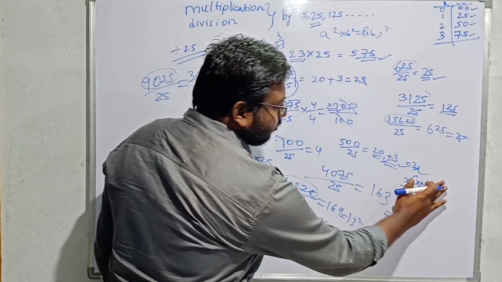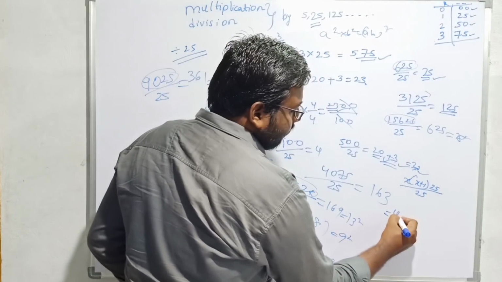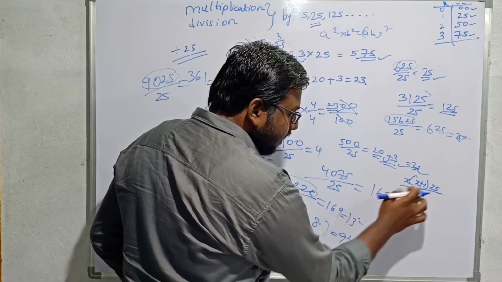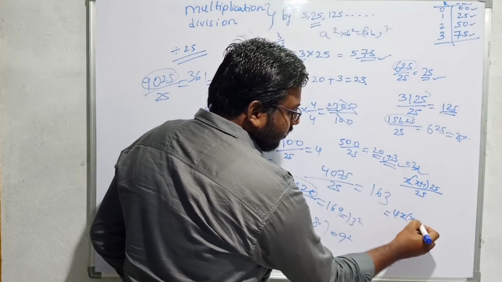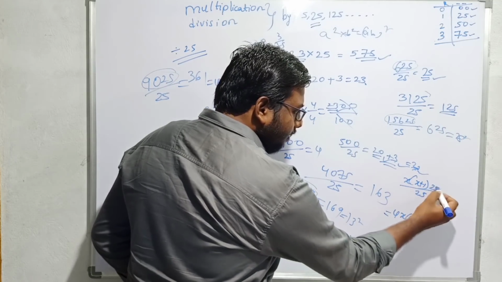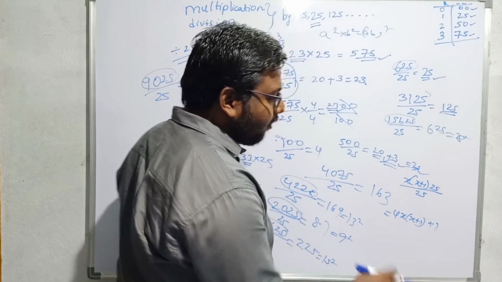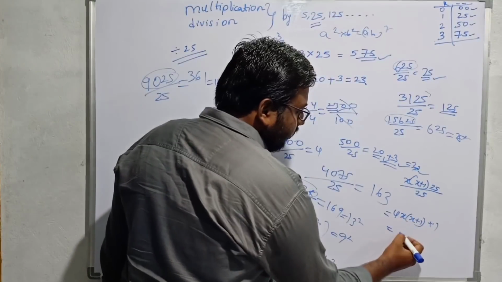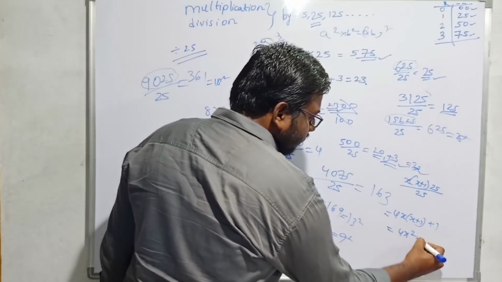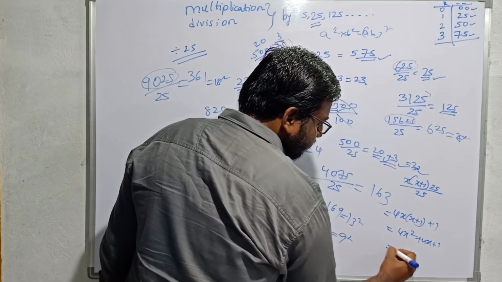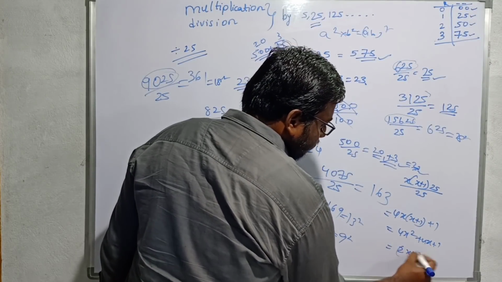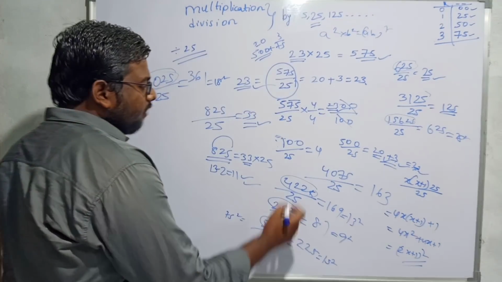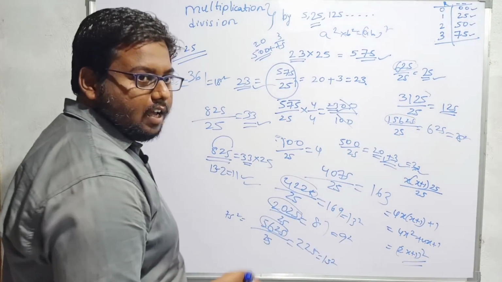What I have to get: I should get 4x, multiplied by x plus 1, and I should add 1, because the remainder is 1. So 4x into x is 4x square plus 4x plus 1, this is nothing but 2x plus 1 whole square. This is the reason behind why we are getting a perfect square as this result.